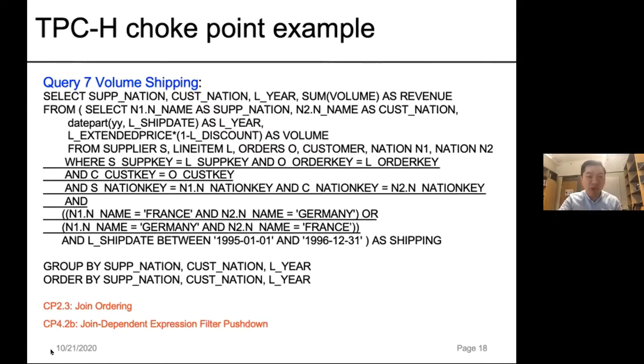So for instance, if the plan would start by joining the customer to the nation, it could immediately filter the condition for N2 in the join conditions.